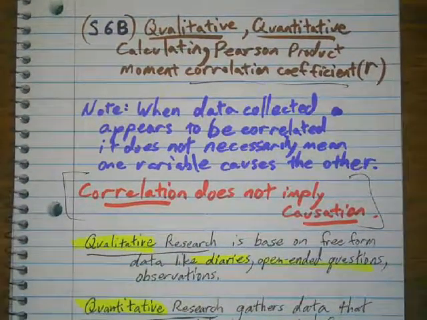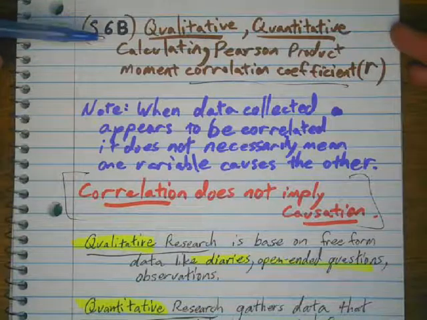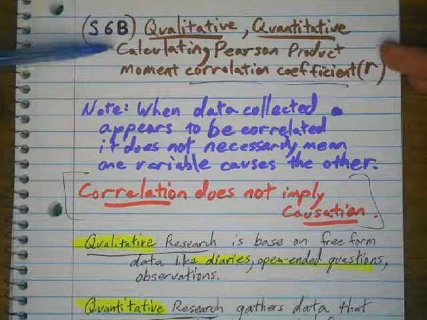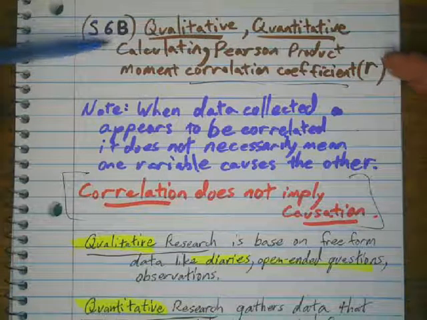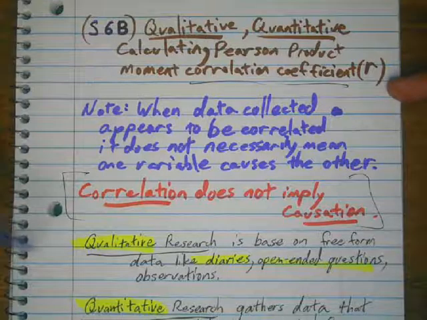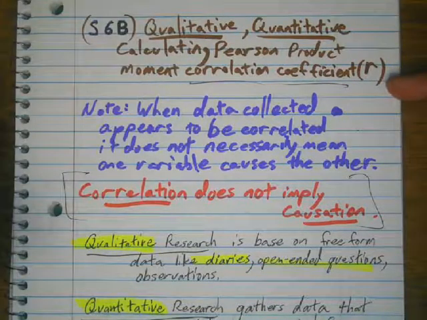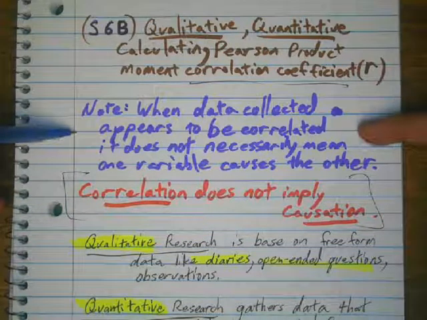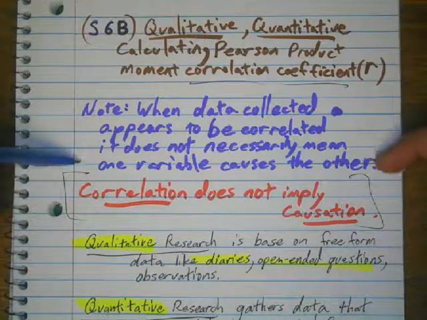Okay, Section 6B. We're going to talk about qualitative, quantitative types of research and calculating the Pearson correlation coefficient, and they use the variable lowercase r for this. So when data collected appears to be in a correlation, it does not necessarily mean that one variable causes the other.